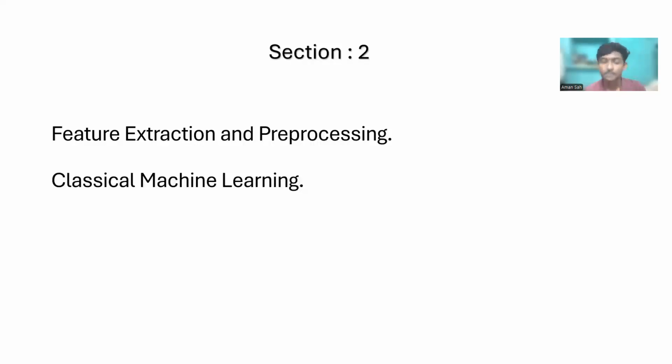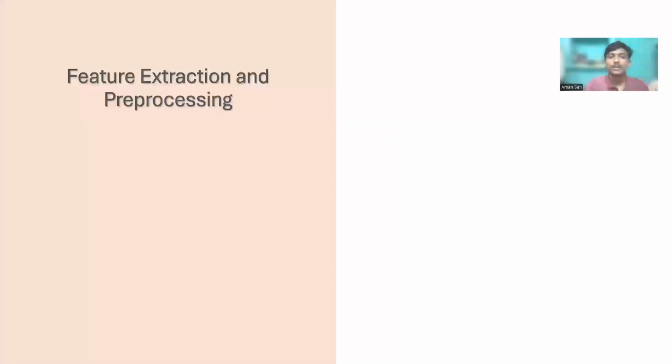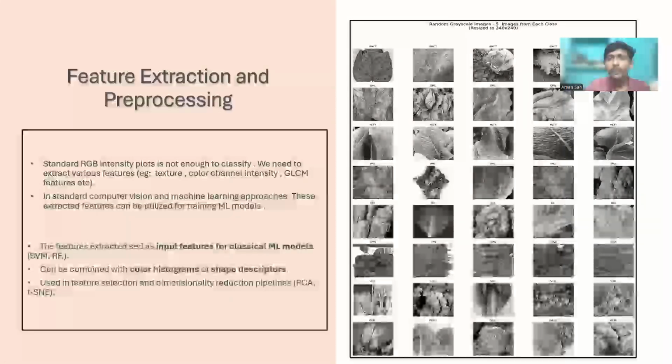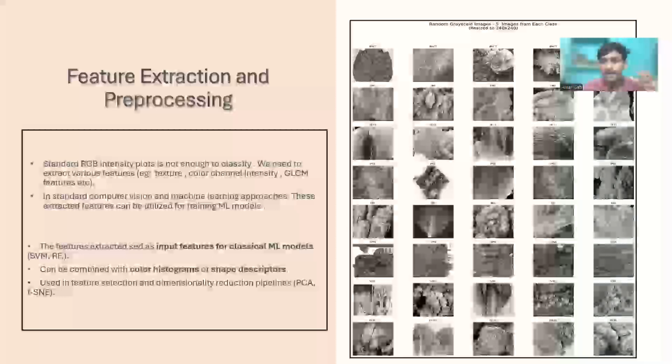So let's start, right? When we talk about feature extraction, say for example, this bacterial leaf has small dots, or some gray dots, dark spots present on the green leaves, right?